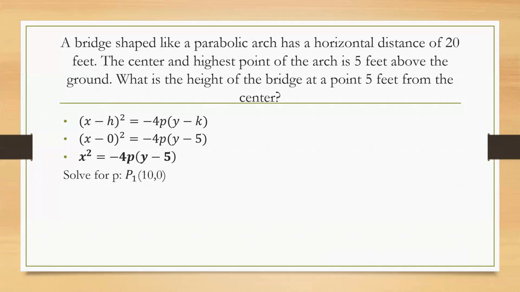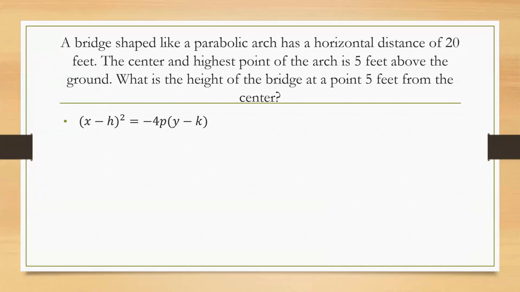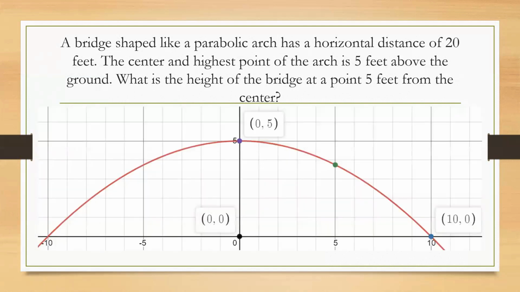We can use the point 10, 0 to get that. We simply have to put in the values for x and y. For our x, that is 10, and for our y, that is 0. Let's look at our graph again. We will be using this point, so it's 10, 0.